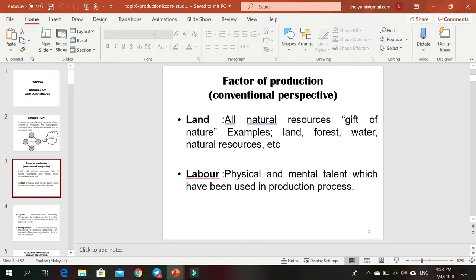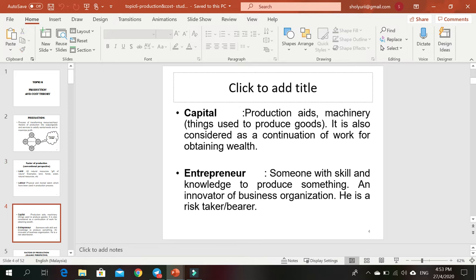And the second one is labor, physical and mental talent of people, of a human being, which has been used in production process. Somebody which has the capability mentally and physically to produce something. And the third one is capital, the production aids ataupun the machinery used to produce goods.